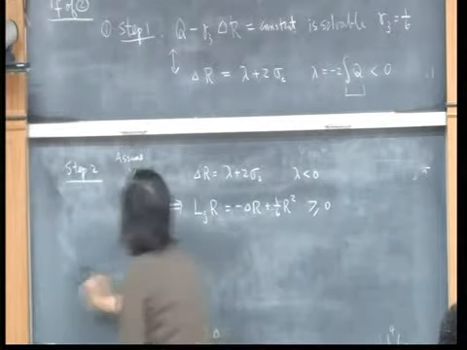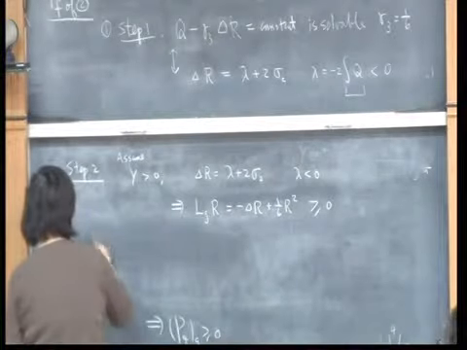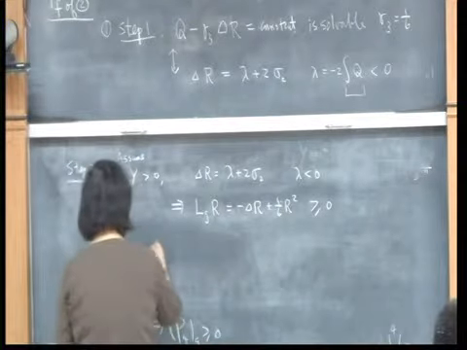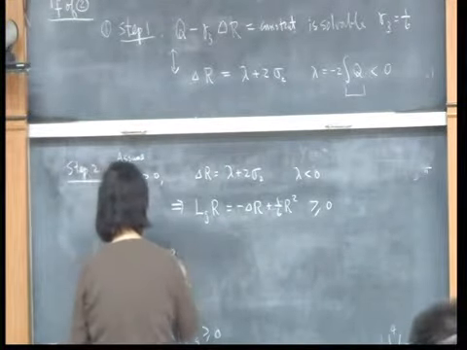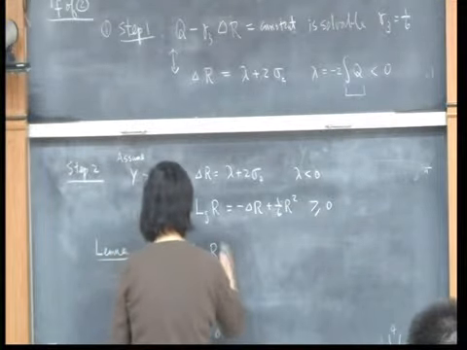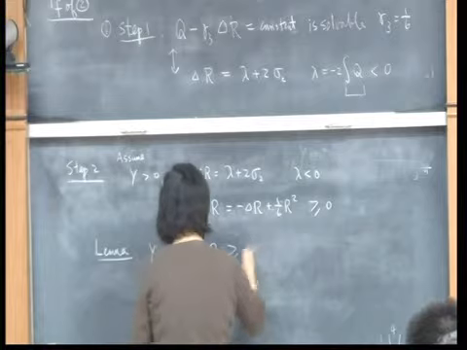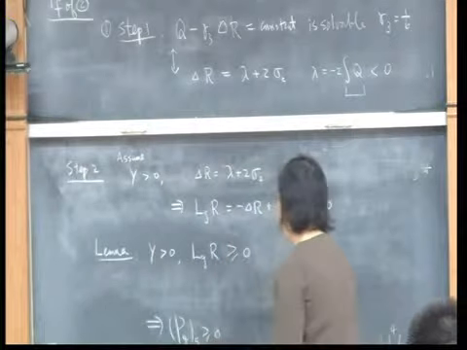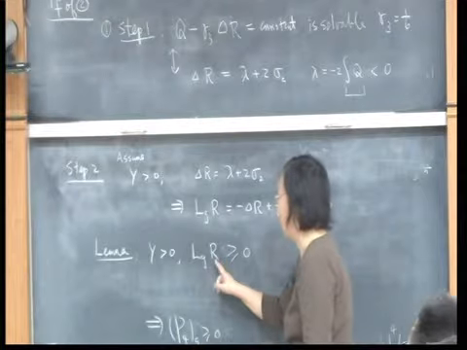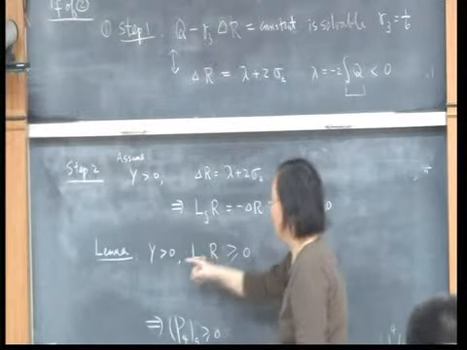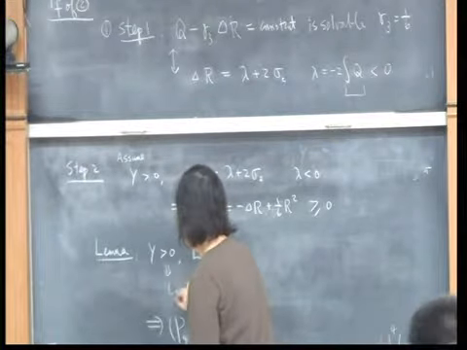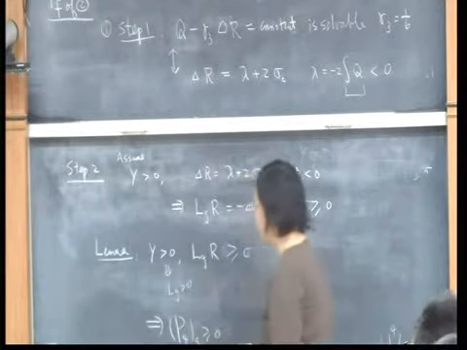So here is another lemma of Gursky, which turns out to be very useful later. It says if the Yamabe constant is positive, this implies L_g is a positive operator.